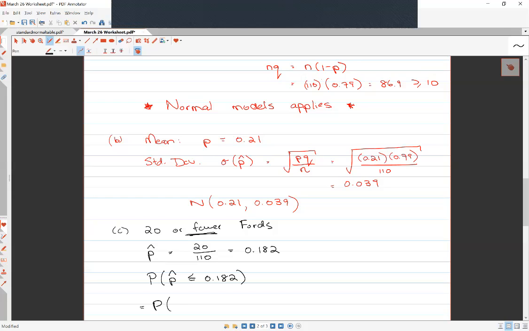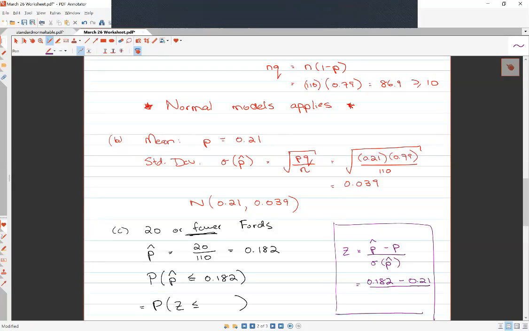Now, again, I want to convert this to a z-score. So let's do our z-score calculation. Z is defined as p hat minus p divided by sigma p hat. So p hat, my sample proportion, is 0.182. P, my population proportion, is 0.21. And sigma, my standard deviation, is 0.039.